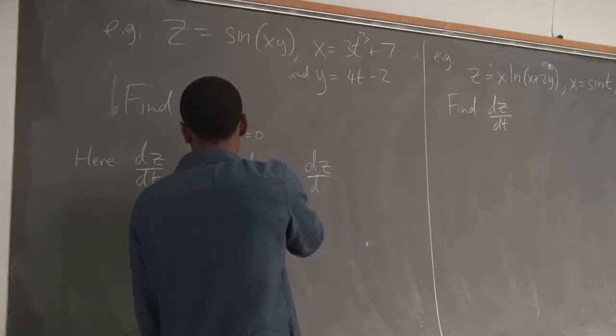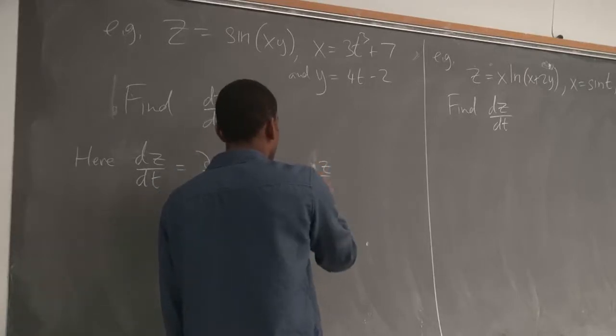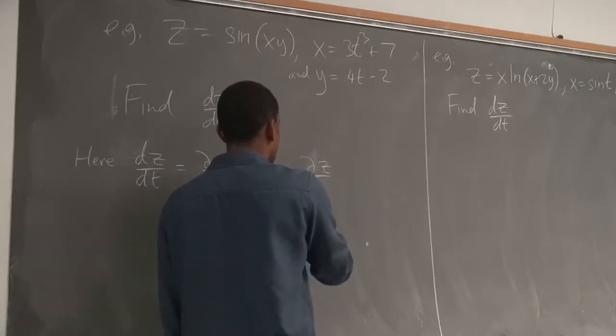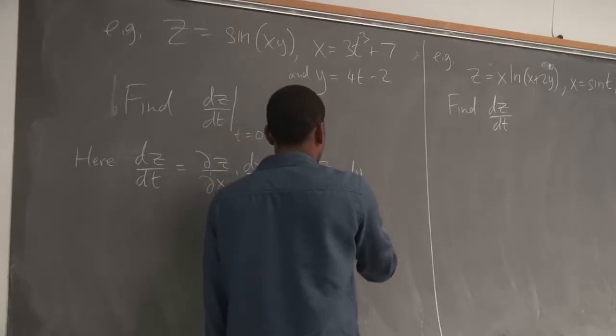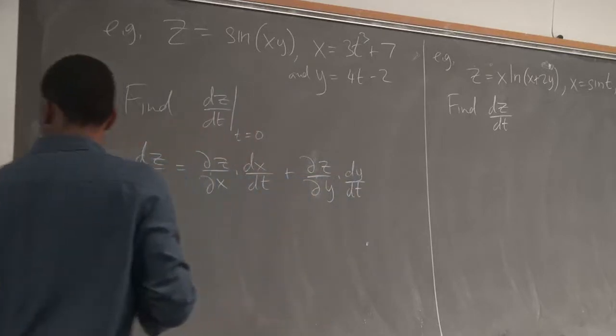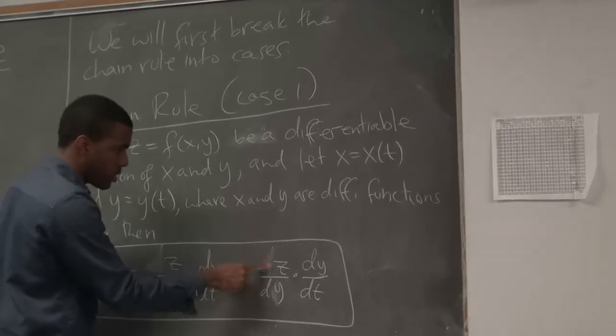These should actually be partials, because that is a two variable function. You can't really use a d. When you're differentiating z, it has to be a partial derivative because it's a multivariable function.